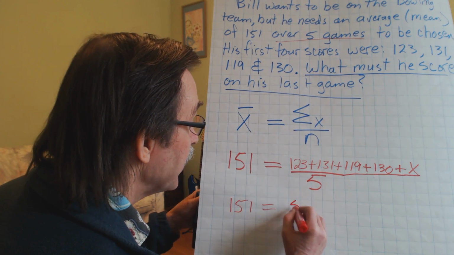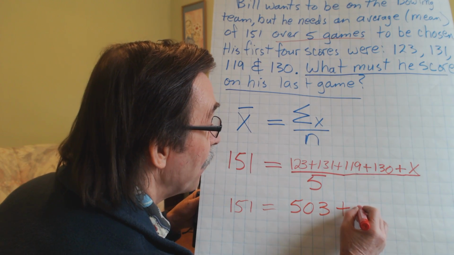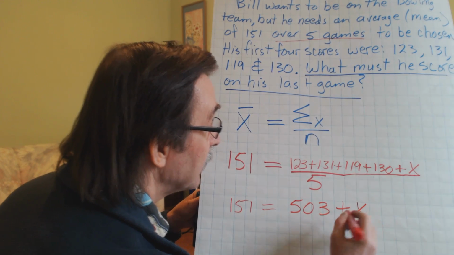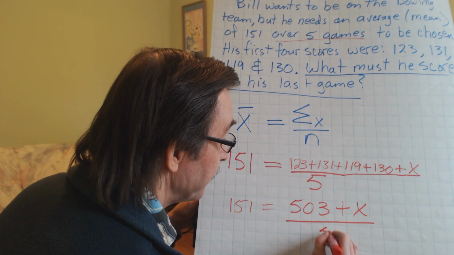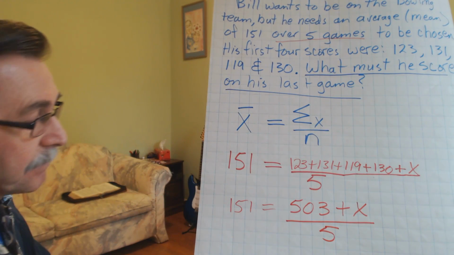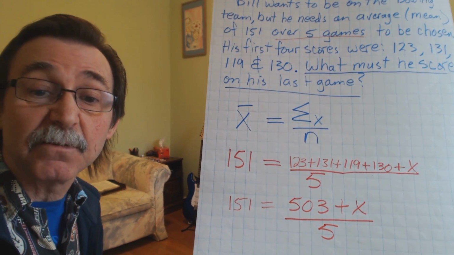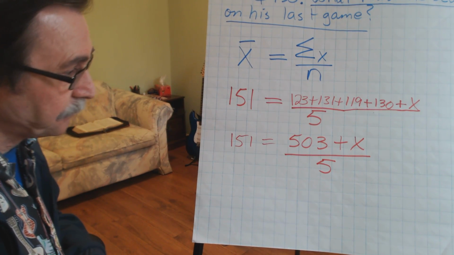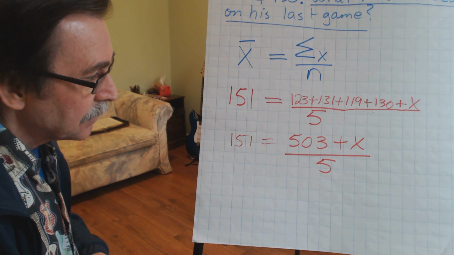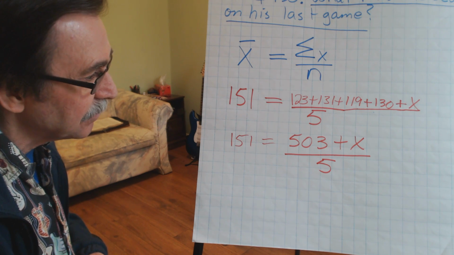So 503 plus that unknown, all divided by 5. So we are closer to our answer, but we still have some work to do.